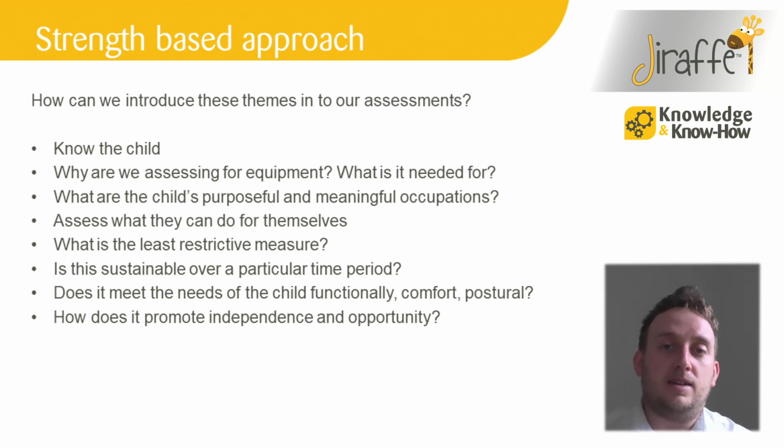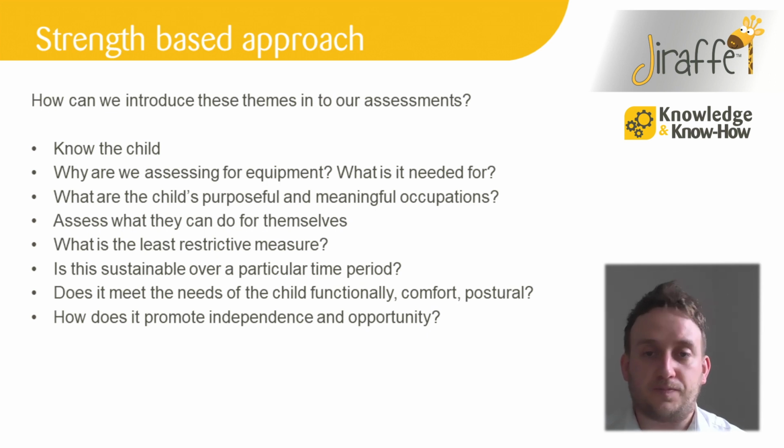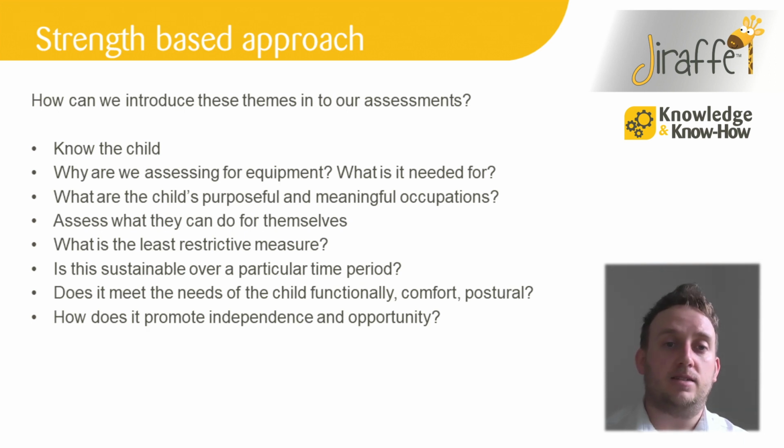So possibly they may need some additional equipment or accessories that's going to help that child throughout the day, but we can interchange them, or they can be flipped away, or it's adaptable throughout the day so that the child can use that piece of equipment most efficiently and effectively.